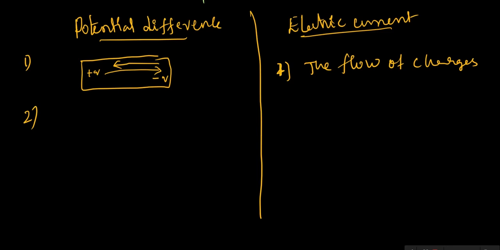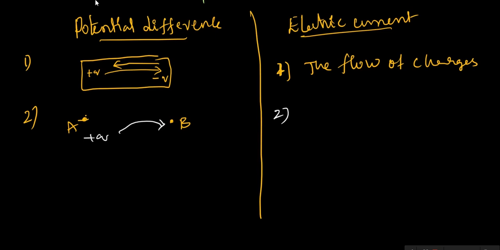We can consider this is A and this is B. That is potential difference.